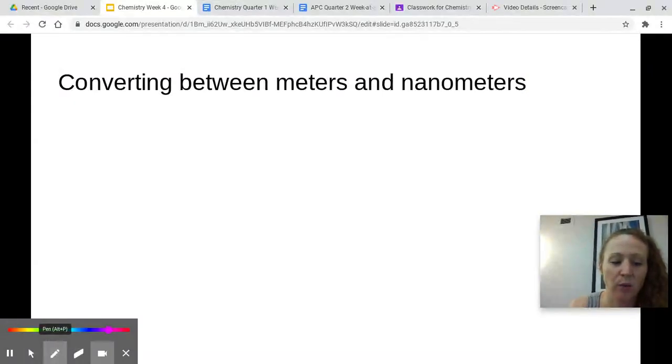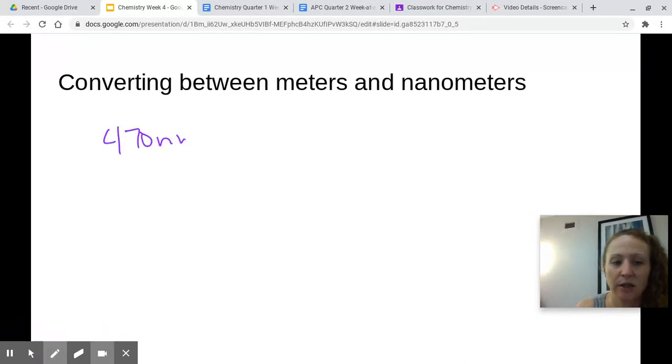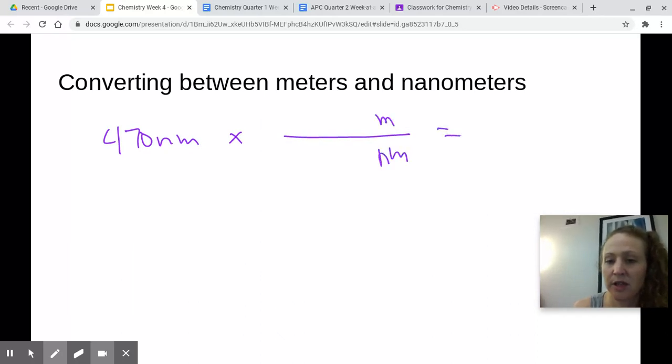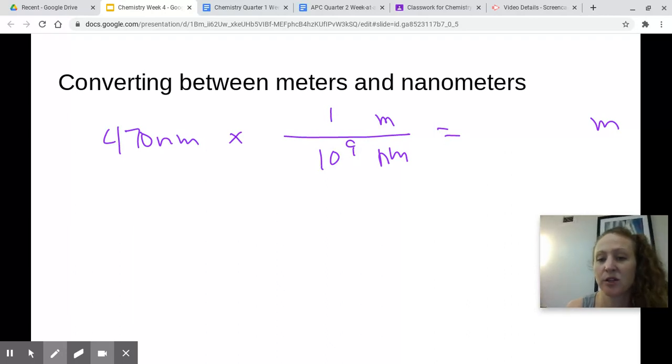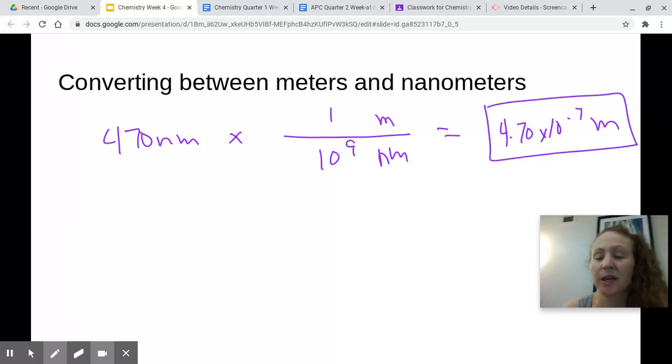Let me write it out one more time without all the extras. 470 nanometers times your conversion factor that has nanometers on the bottom, meters on the top. 1 meter is equal to 1 billion nanometers. So your answer is 4.70 times 10 to the negative 7th meters. That's how you're going to set up your conversions between nanometers and meters.